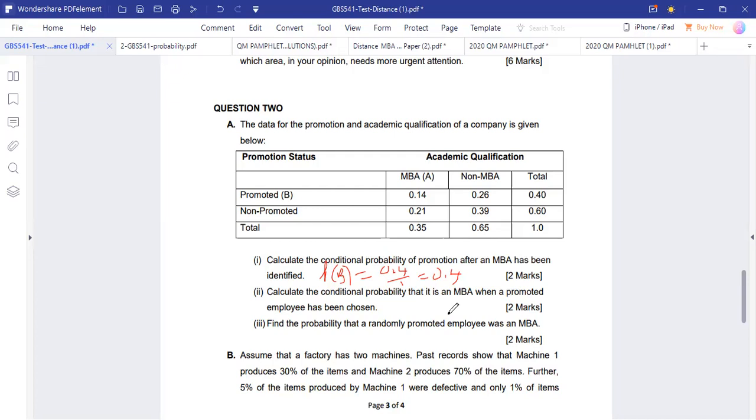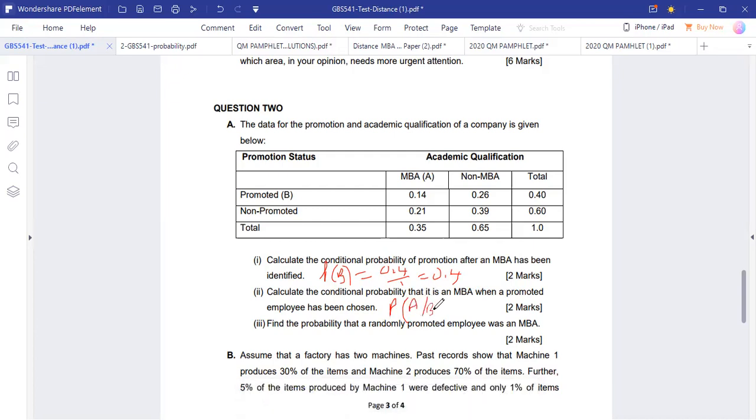So that's a conditional probability of the condition that it is an MBA when a promoted employee has been chosen. So promoted given MBA. A given what? Promoted.